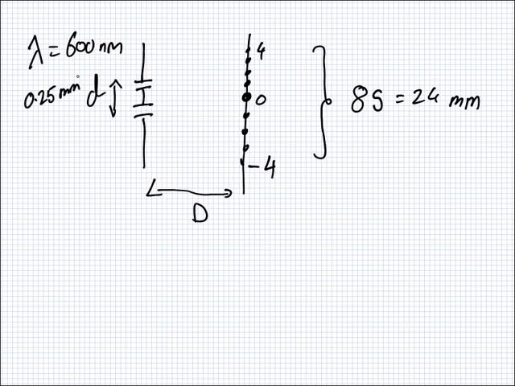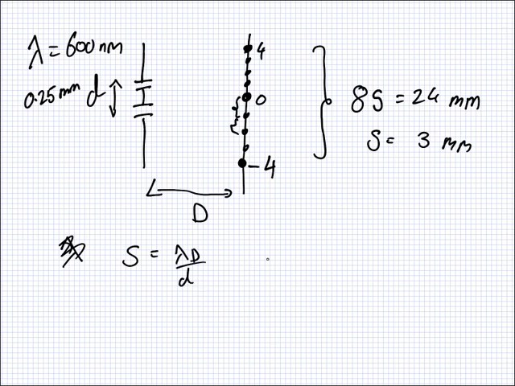Okay, let's have a look here. They tell you in the question, here to here is 24 millimeters. That's 8 fringes, so that means s is 3 millimeters. The distance between them is 3. Now you have the formula s equals lambda D over d.